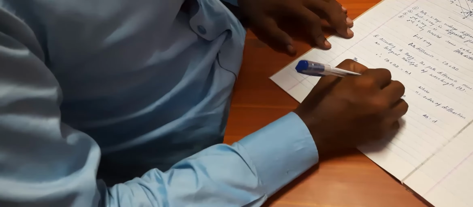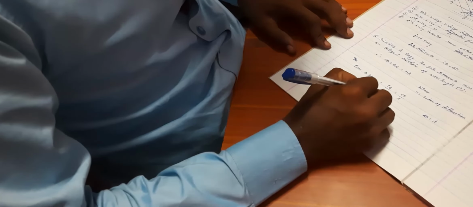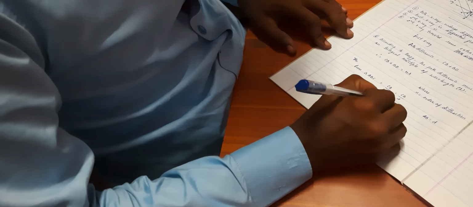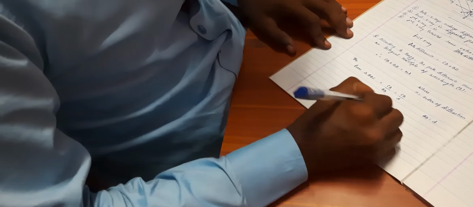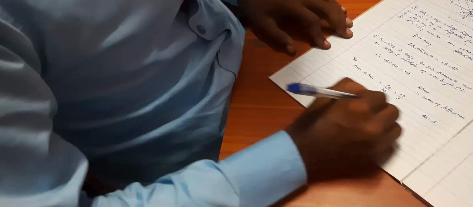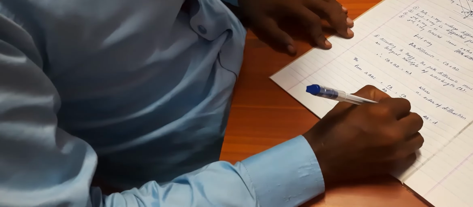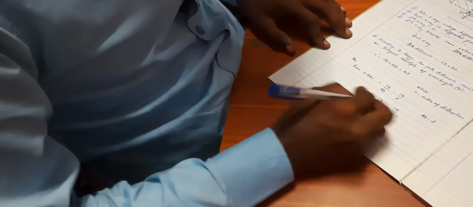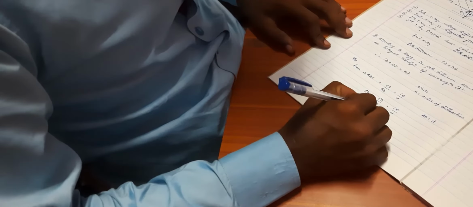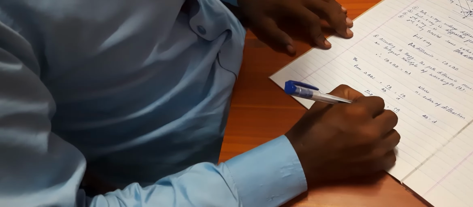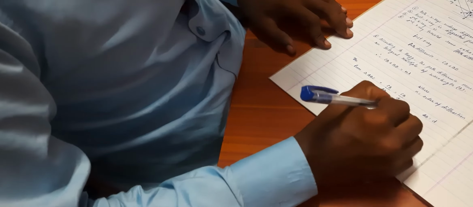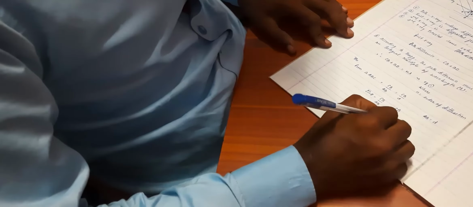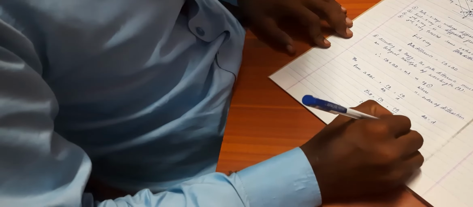So sin theta equals CB by d, and CB is equal to d sin theta. Let this be equation 2.